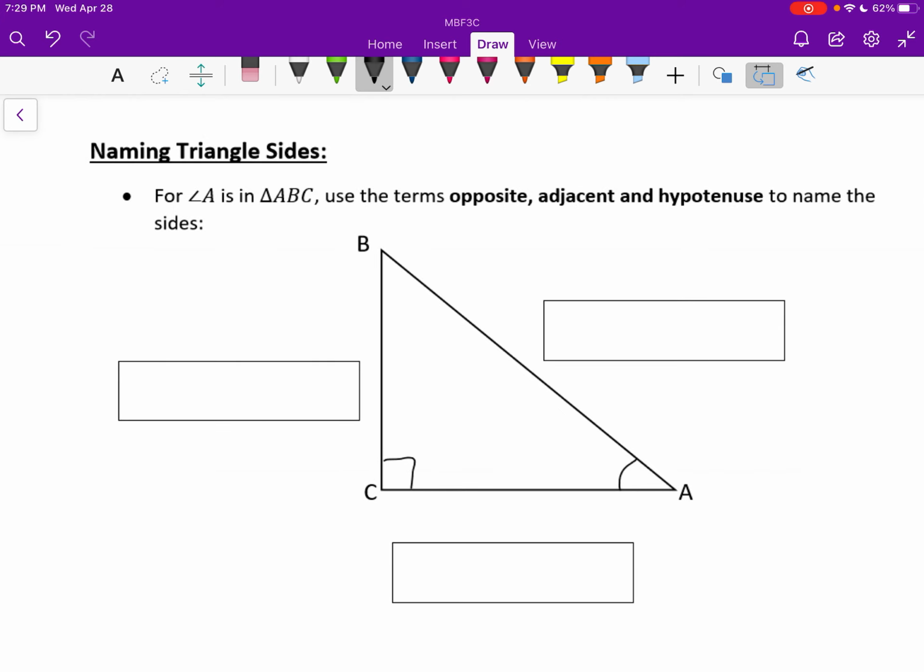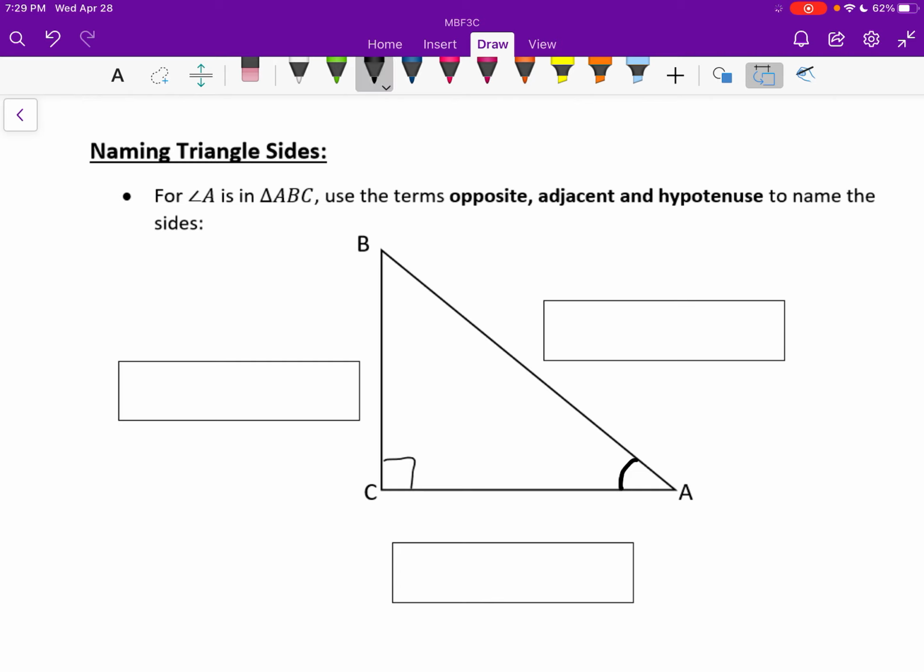Before we get started, I just want to say we're going to be naming triangle sides today. This is a really important skill that you need to know. The one thing you need to realize is that triangle sides are named in reference to the angle that we're measuring. So if I'm looking for angle A, my opposite and adjacent are going to be different than if we're looking for angle B, which would be up here. Okay?